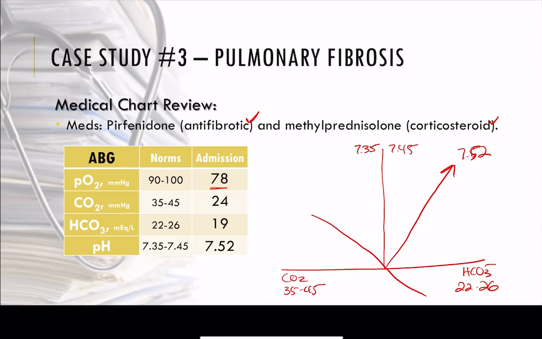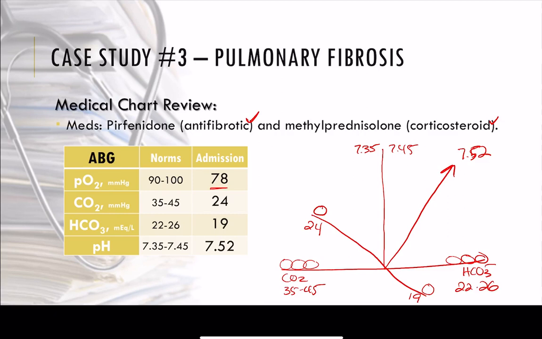His CO2 is low, so if 3 represents normal, this is low, just 1. Bicarb is 19, also low. So of the two of these, they're both abnormal.